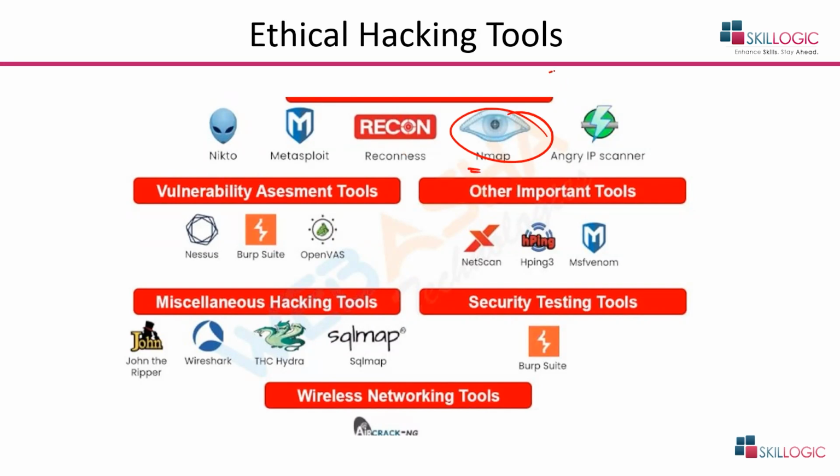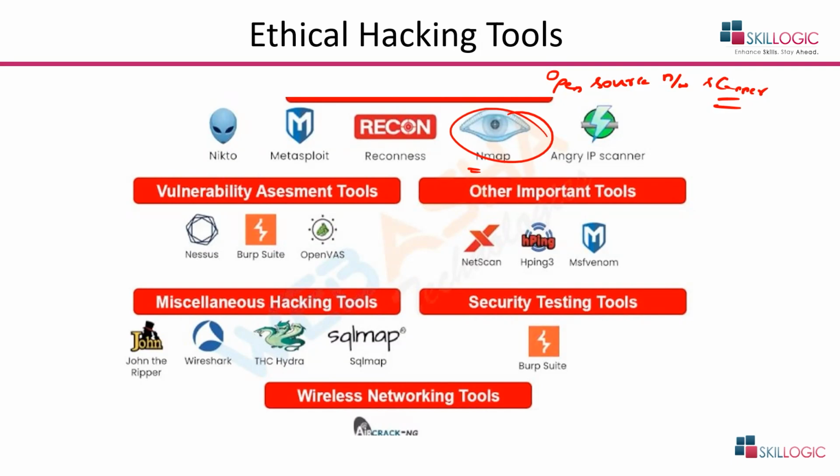It's an open source network scanner. Guys, it can be used to recon and scan networks. Usually we use Nmap to discover hosts, ports, and services along with their versions over a network. It sends packets to the host and then analyzes the responses to produce the desired result.